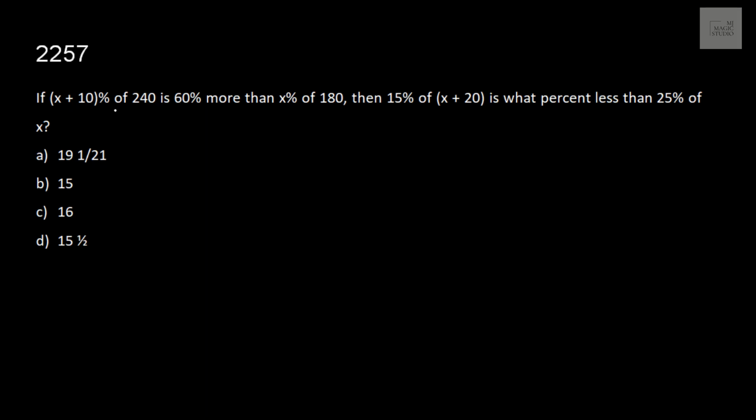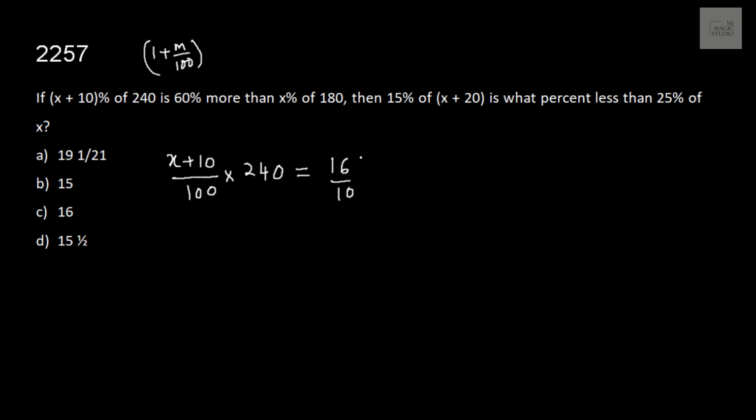If x plus 10%, this is how we write percentages, x plus 10% of 240 is 60% more. 60% more means more is always written as 1 plus m by 100. That means 60% more would be 1.6 times, that would be 16 by 10.